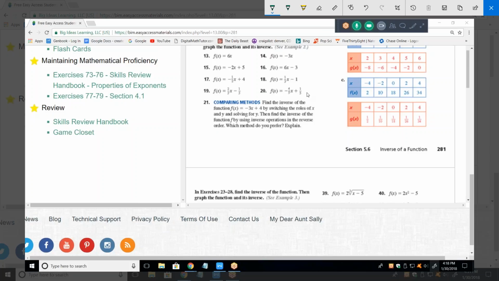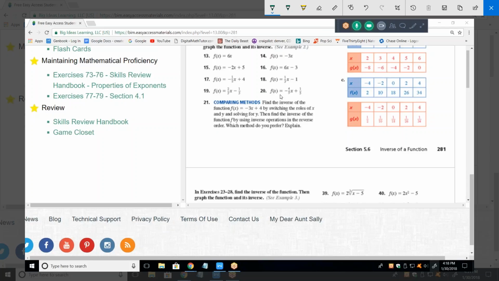So, are there any more after 20? Yes. Why don't we stop next, there, and then if we still have time, we'll come back and we'll finish 18, 19, and 20. But I think you can see there's nothing different about them, right? They're all linear.